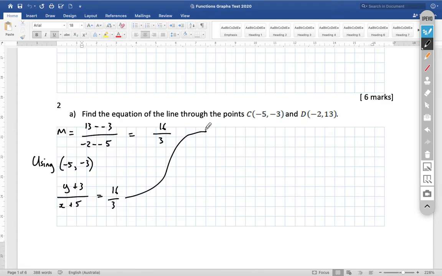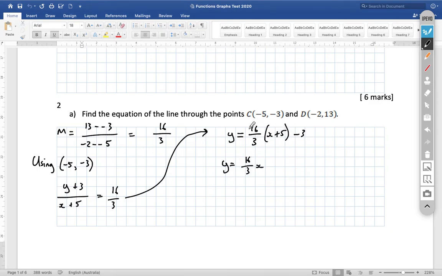Right. Then y equals, times both sides by, x plus 5. Subtract 3 from both sides. Tidy up.